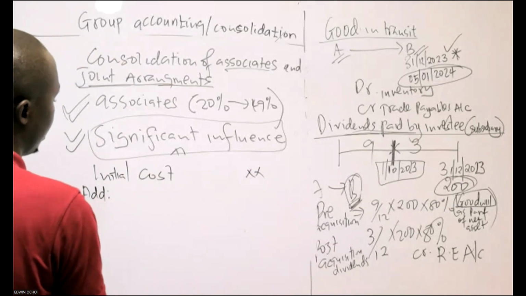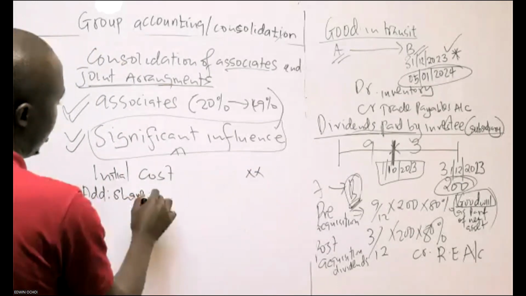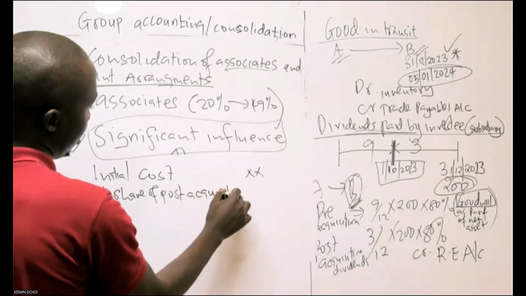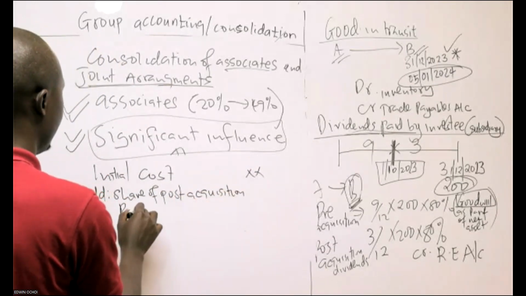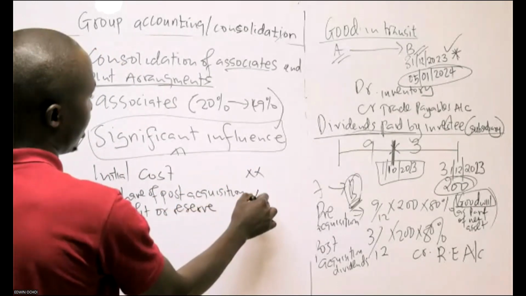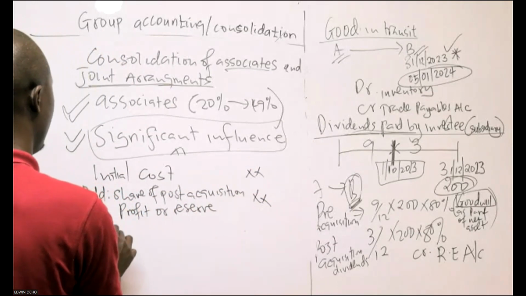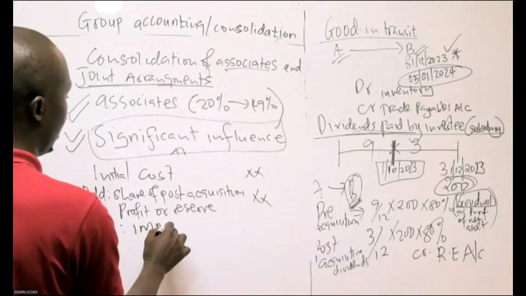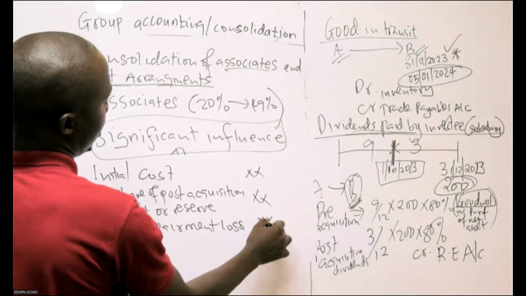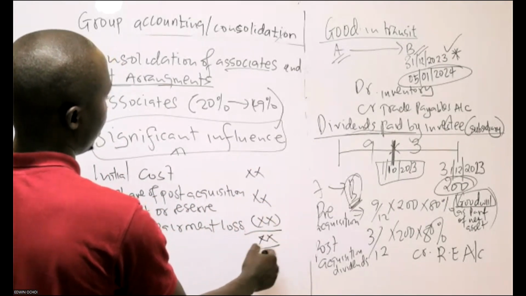Then we add the share of post-acquisition profit or reserve. Then we deduct the impairment loss. That is how you get your net investment.